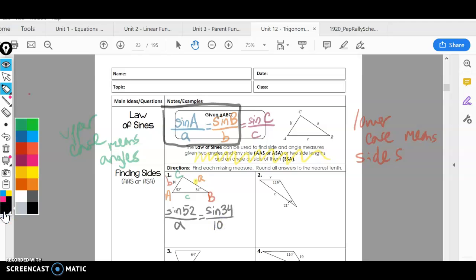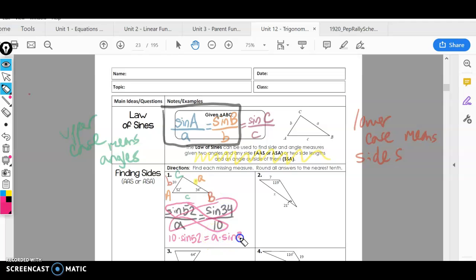We can just cross multiply and solve. Sine 52 times 10, which is 10 times sine 52, and that's going to be equal to a times sine 34. Then we can divide both sides by sine 34.